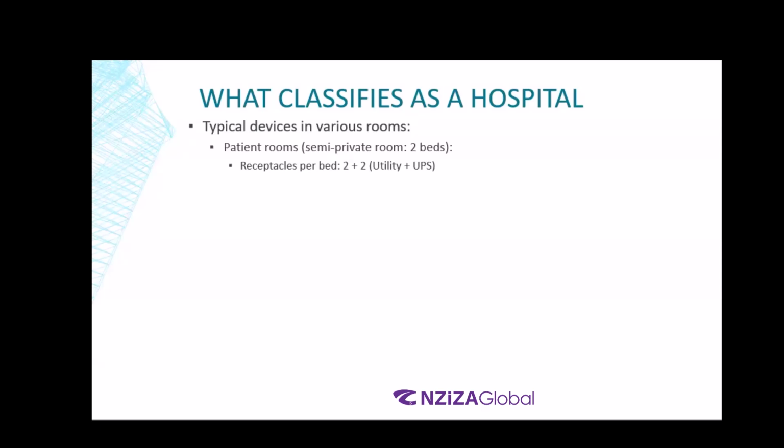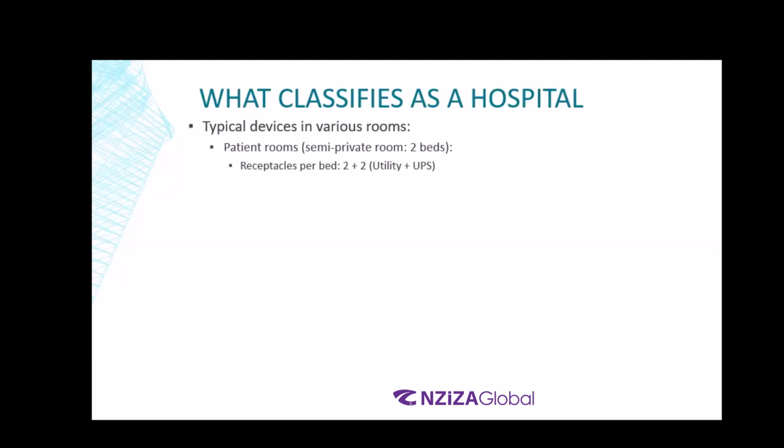Okay, so the question in-house was that we have a gentleman from one of the hospitals where they had a general ward, let's say around 8 beds. Then they renovated it, added a wall in between and made it a semi-general ward, right? With 4 beds. The question was how many receptacles are recommended at that time? Same thing, 2+2 per bed.